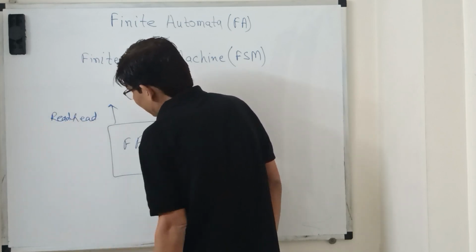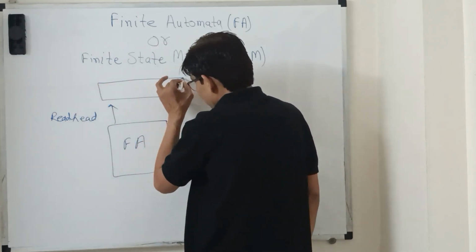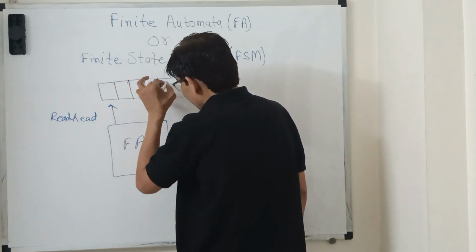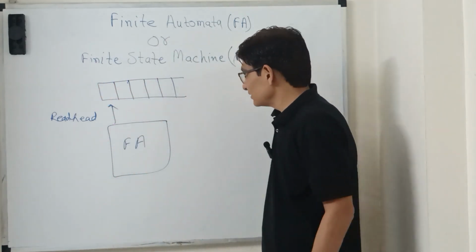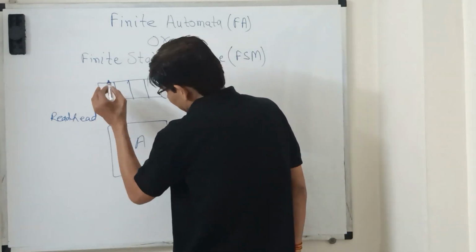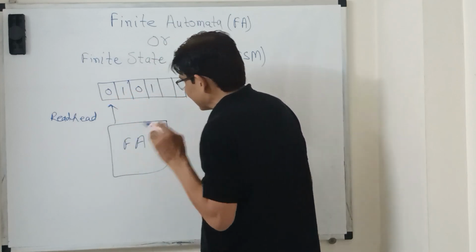And this read head works on one fixed size storage. You can call it a buffer. So in that buffer, some string is written like 0 1 0 1, like this.